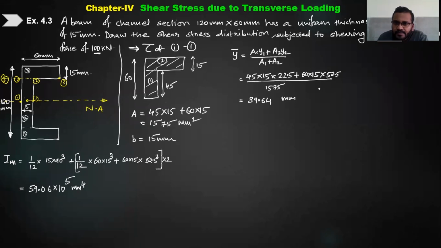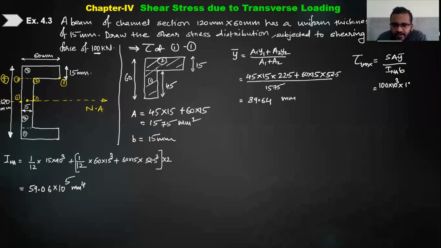Yes, sir. What will you calculate now after the y bar? Maximum shear stress. We know that it is going to be maximum at the neutral axis. So let us find the value at the neutral axis. So it is S A y bar upon neutral axis inertia into B. Let us substitute the values. S how much? 100 into 10 raised to 3.